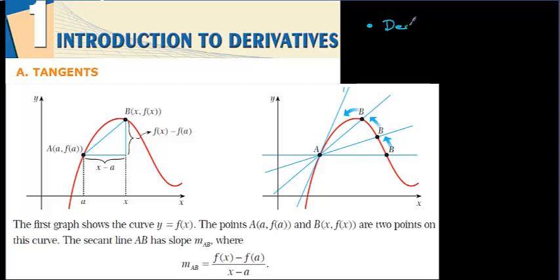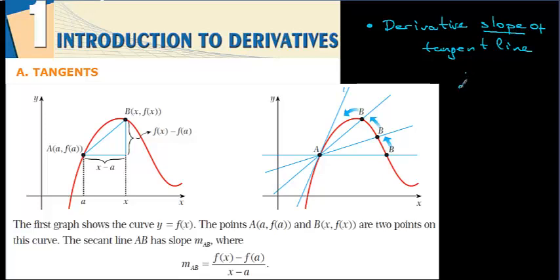So the derivative is the slope of the tangent line. And how to find it? We have another definition here, slope.